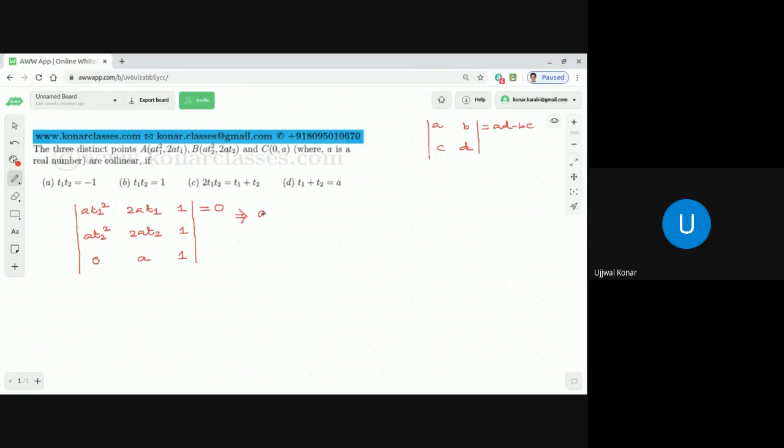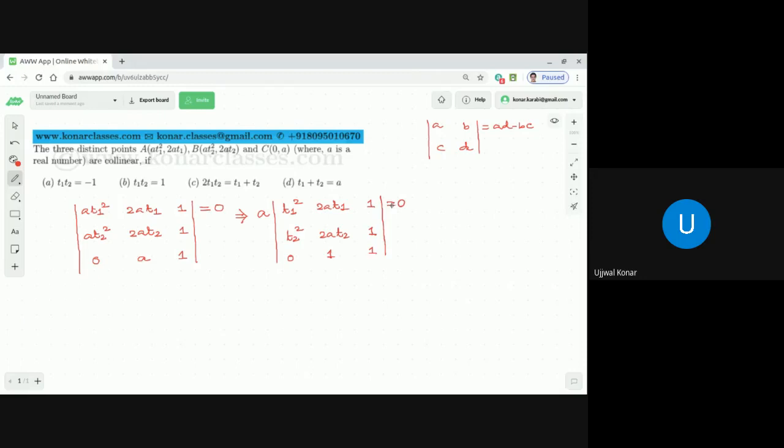So the first column becomes t1², t2², 0, and the second column becomes 2at1, 2at2, a, and the last column is 1, 1, 1, and this should be equal to 0.